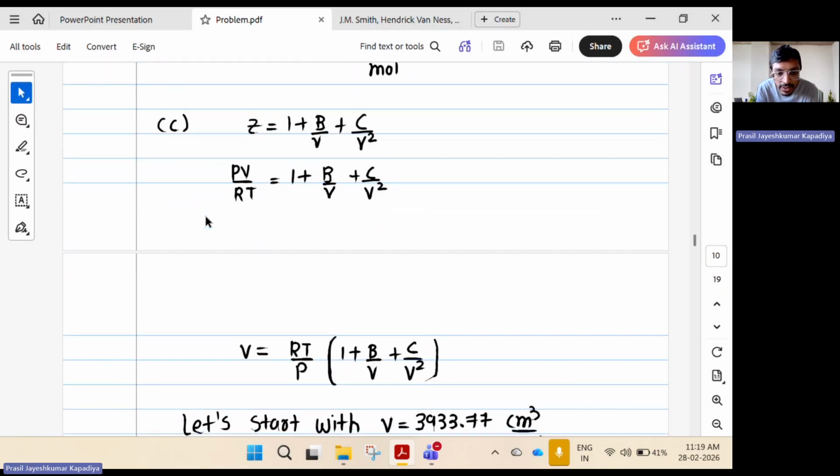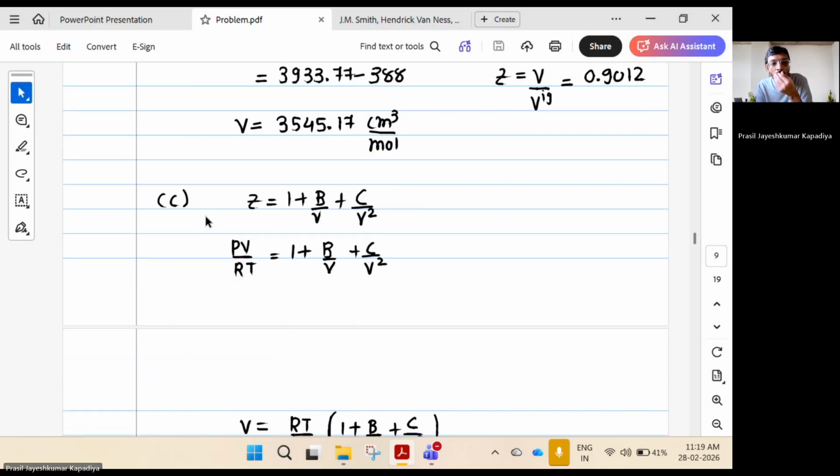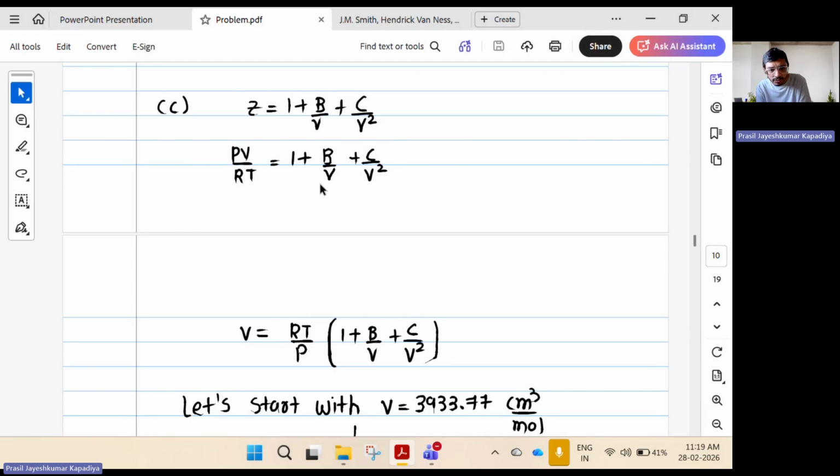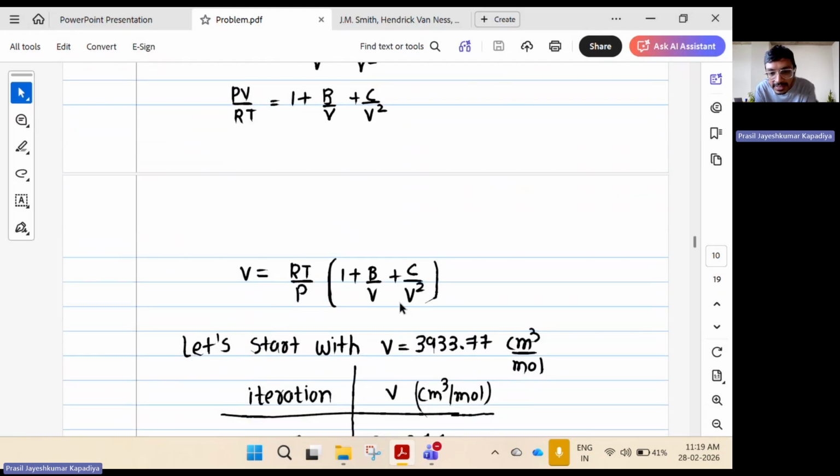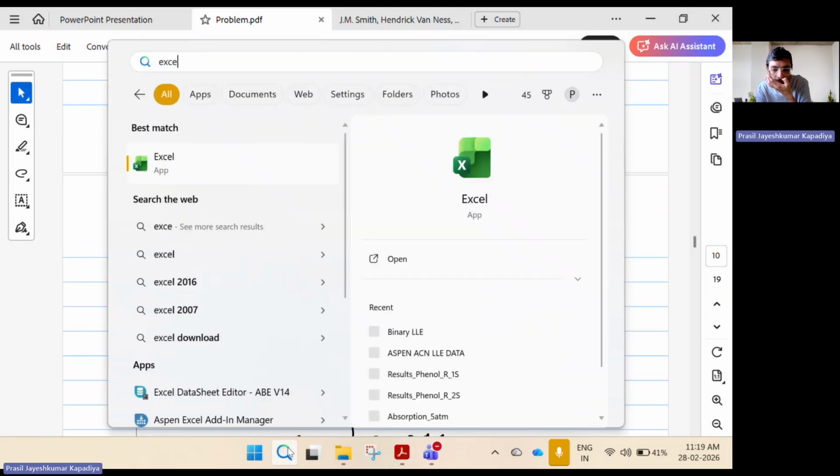So my V will be equal to RT by P into 1 plus B by V plus C by V square. What we are seeing here is V on both sides, so we need to solve this equation iteratively. Let's try to solve it in Excel. How can we do it?